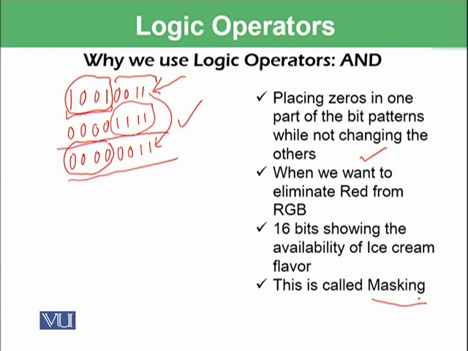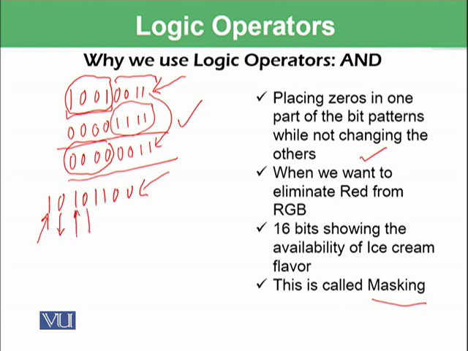We can also perform such things, for example, when there are 16 bits showing the availability of ice cream flavors. Let's make it a smaller example of 8 bits, like 1 0 1 0 1 1 0 0, numbered 1 2 3 4 5 6 7 8. Suppose these 8 bits represent which flavor of ice cream is available at the moment. 1 shows that it is available, 0 shows that it is not available.